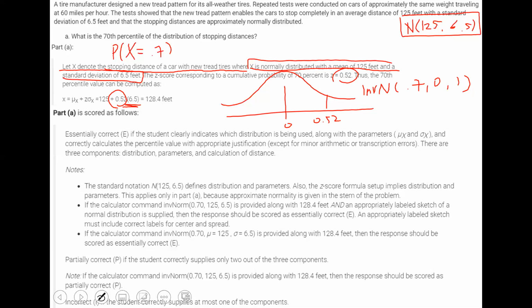I don't know why I get 128.25. It says 128.4. But here it says if the calculator command inverse norm is provided along with this, it should be partially correct. I think the reason is you didn't give the distribution sketch.